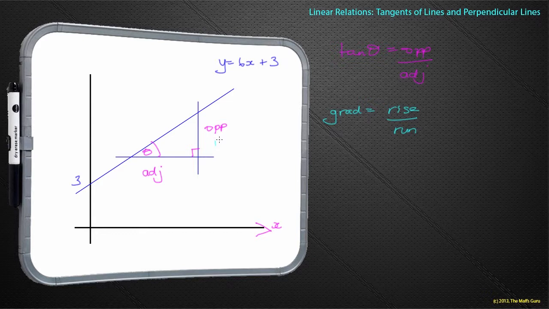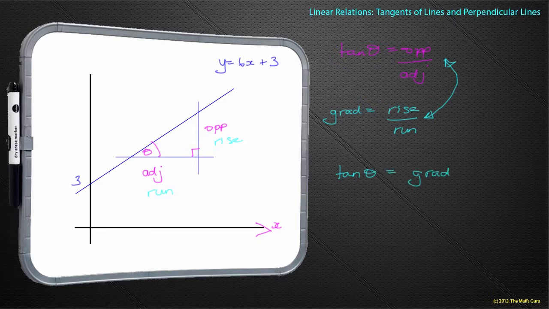Well, that means this bit here is rise, and this bit here is run. So we can see from just this simple piece of mathematics that opposite over adjacent must be exactly the same as rise over run, which means that the tan of the angle must be exactly the same as the gradient.